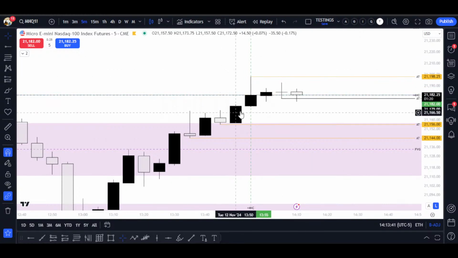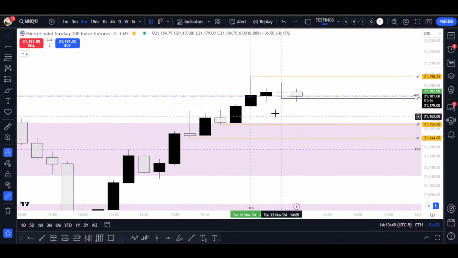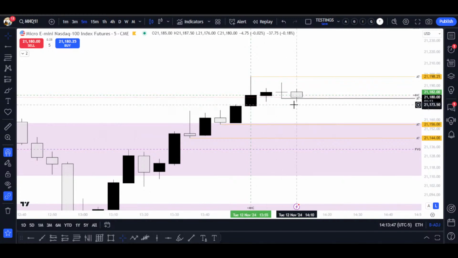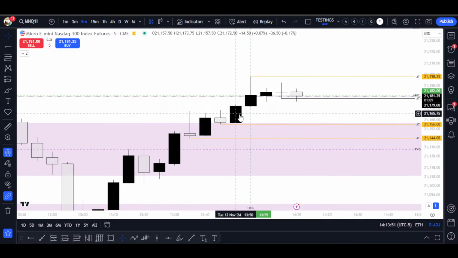Based on this, you can take trades a candle at a time. Let's say, for instance, here, you could have bought in here, but it would have been a very short trade.